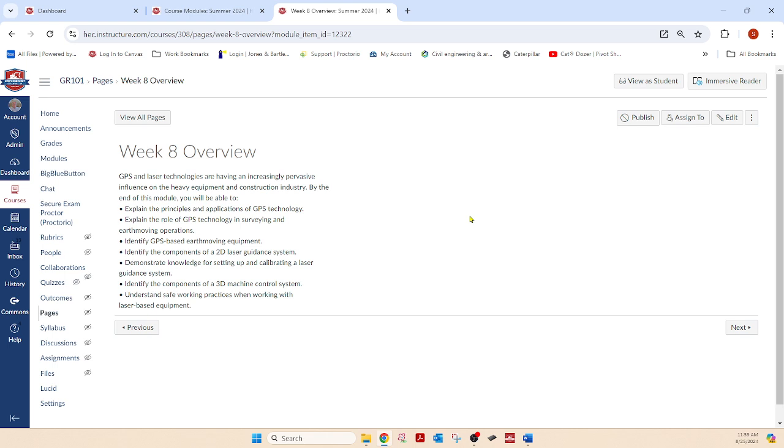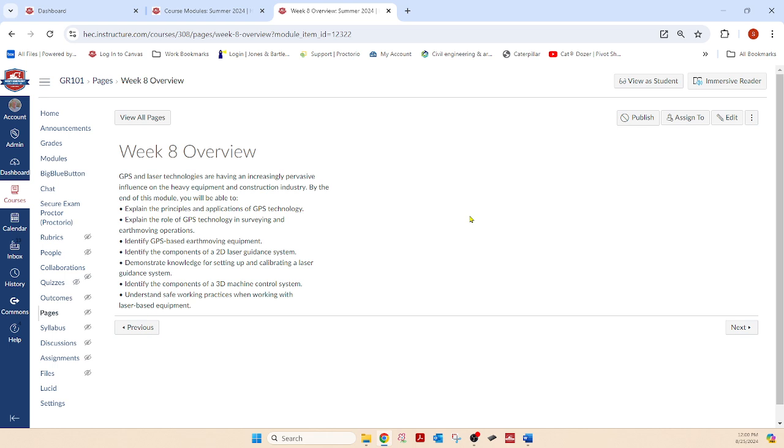Linked within the week 8 module is a trainee guide that's about 40 pages long. I have it in here because automated grade control is relatively hard to teach without a rover, antenna, and equipment that's needed when using automated grade control.